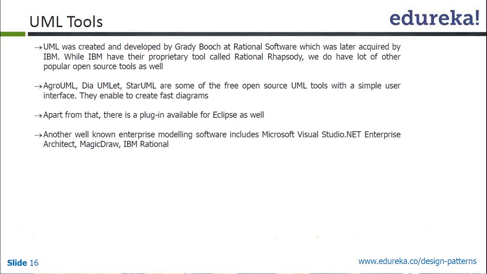Now, most of the commercial software will allow you to do forward engineering as well as reverse engineering. Forward engineering will allow you to convert a particular design into code, and reverse engineering will allow you to import your code into UML. It will read the code and generate the UML diagrams for you. And what is interesting is almost all these tools, freewares as well as the paid ones, come with a set of design pattern applications.